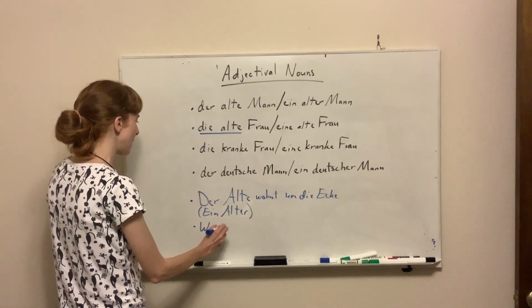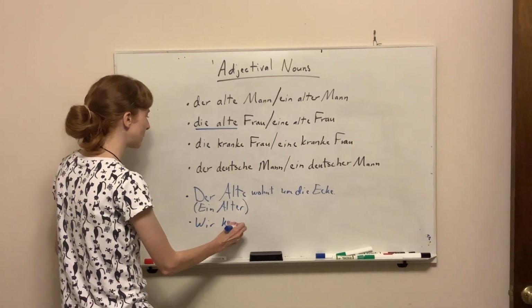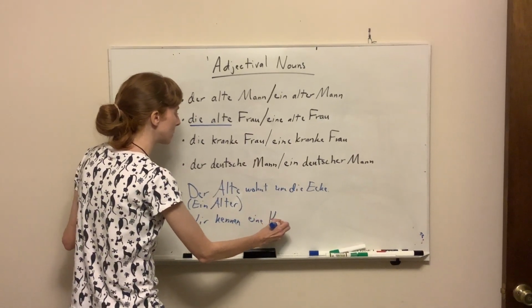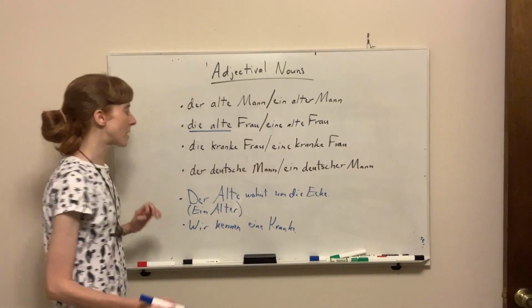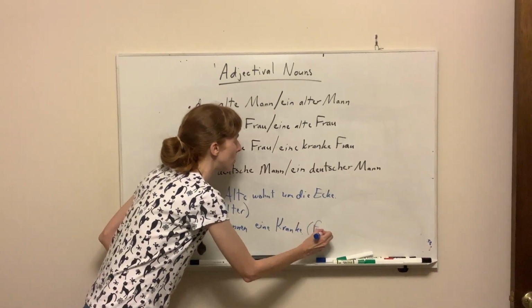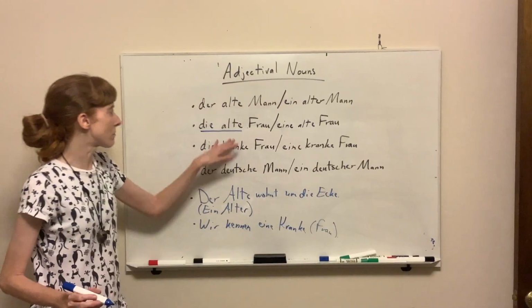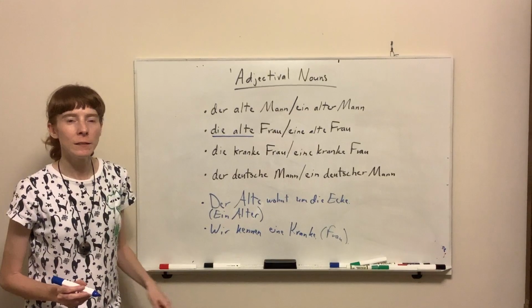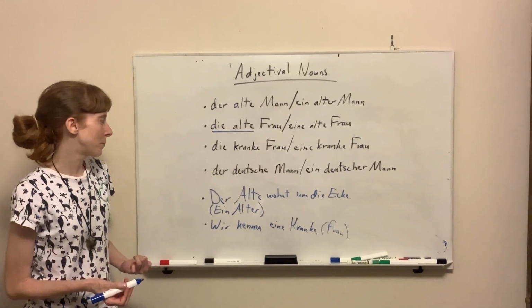Wir kennen eine Kranke. We know a sick woman. So I'm really not saying the word Frau, but I'll put it in parentheses to just show you the difference between here. Wir kennen eine Kranke. Wir kennen eine kranke Frau.